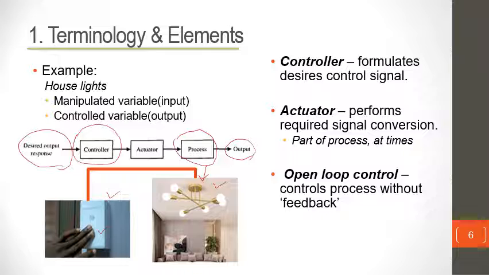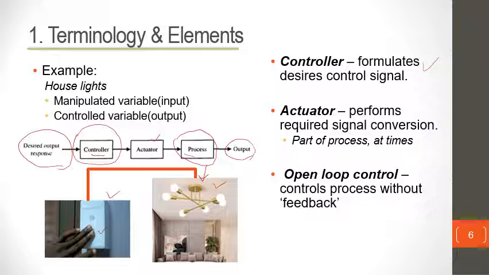Now, you will notice that in most of these cases, there has to be an intermediary system, which typically is called an actuator, which will be used to link the controller, or to send an instruction, a control signal from the controller to the process. So the controller in this case is what formulates the desired control signal.